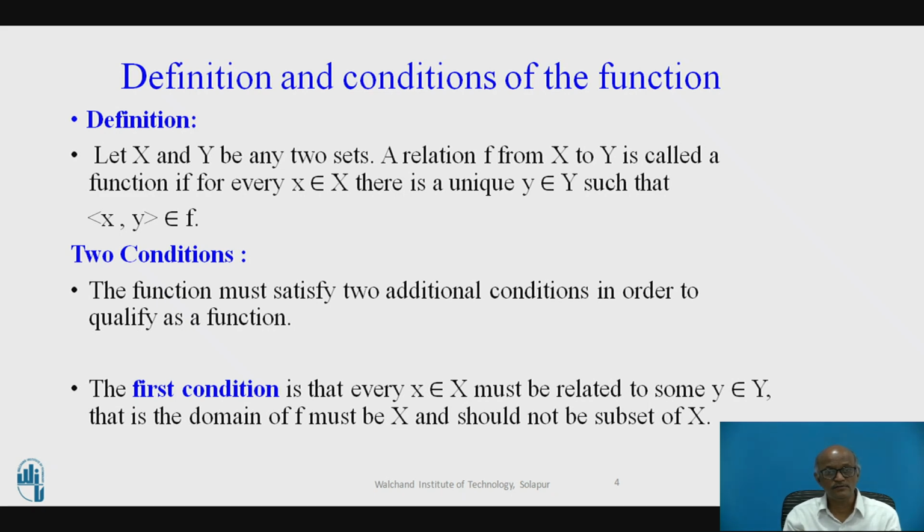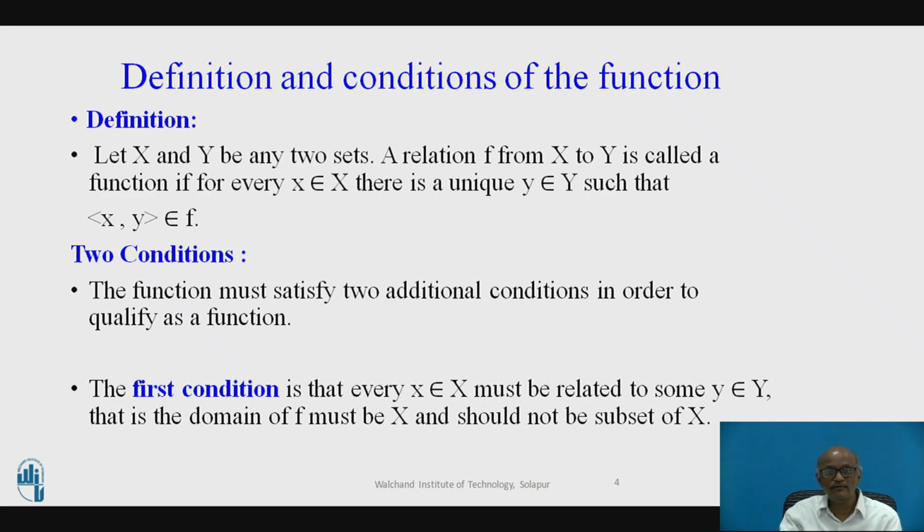In other words, the domain of the function f must be equal to set x. It should not be equal to a subset of x. We will learn in detail in the next slide what the domain is.